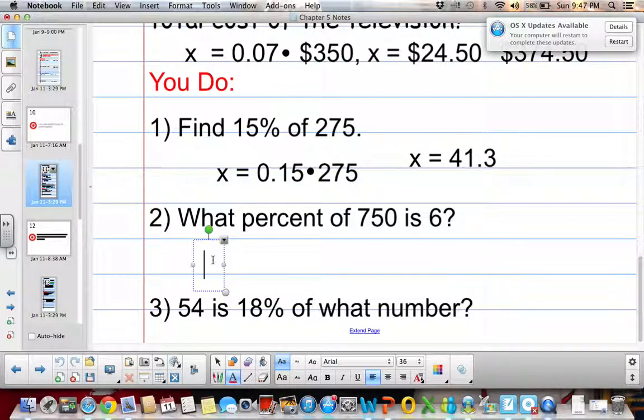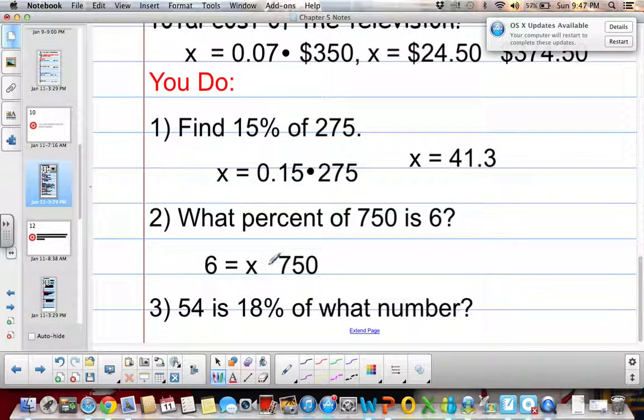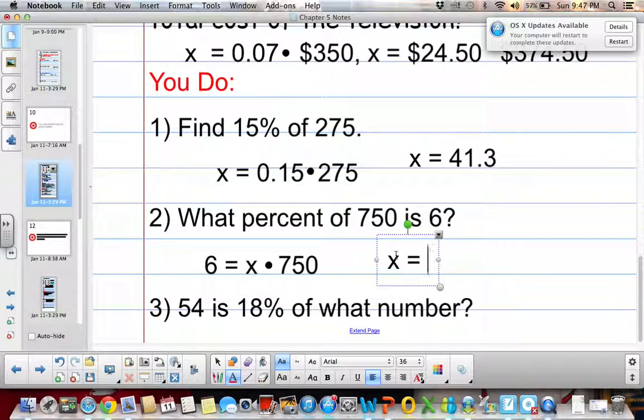Okay, for number 2, what percent of 750 is 6? I wrote that one a little bit weird, and that might have confused you. But 6 is going to be our part. Percent we don't know, and then we're multiplying it by 750. So 6 equals x times 750, and then our answer would be x equals 0.8%, which is what you should have gotten.